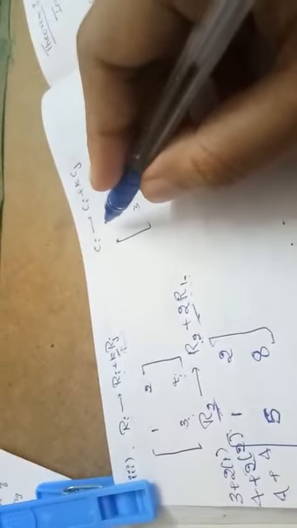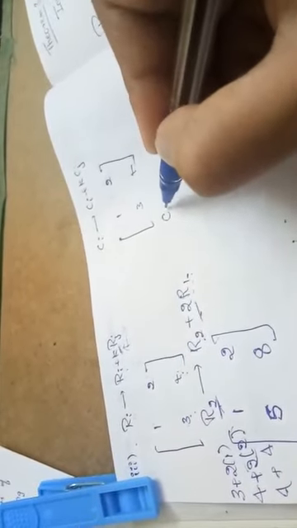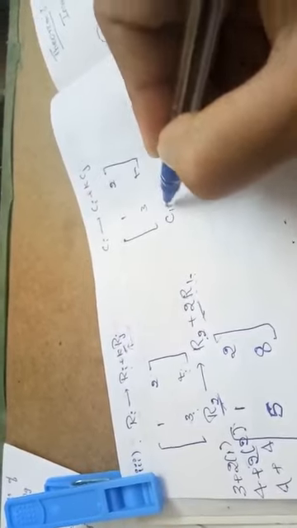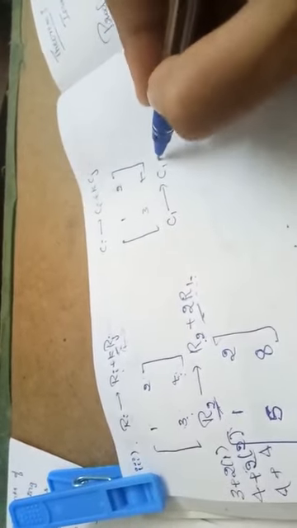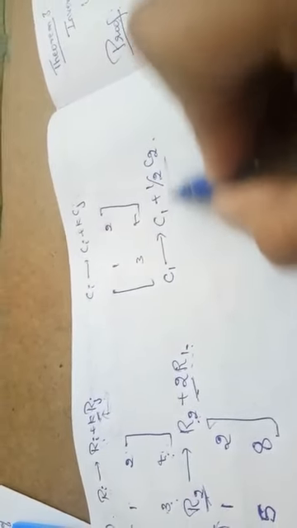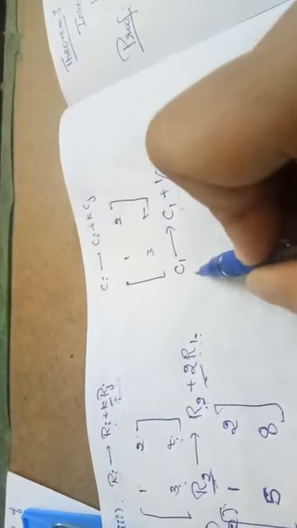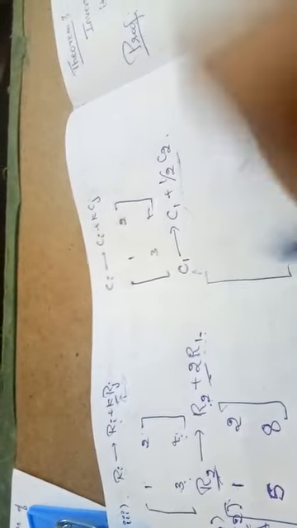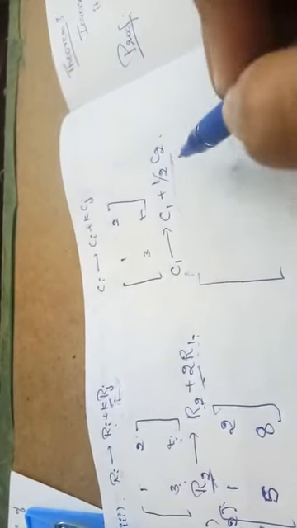Similarly, when it comes to the columns, suppose I deal with C1 being replaced by C1 plus 1 by 2 times C2. Here 1 by 2 is a non-zero scalar, right? So whatever the change is, it is going to be seen in which column? In the first column. So in the first column itself we see the changes.